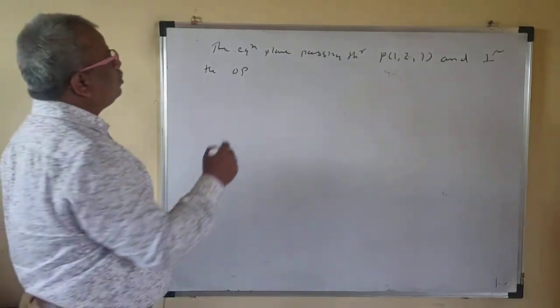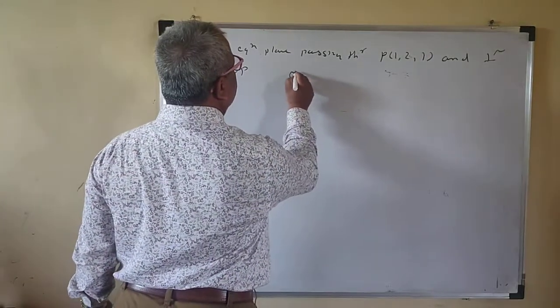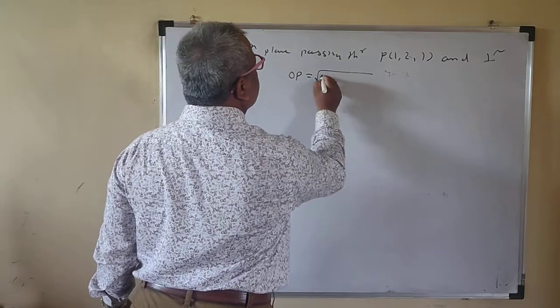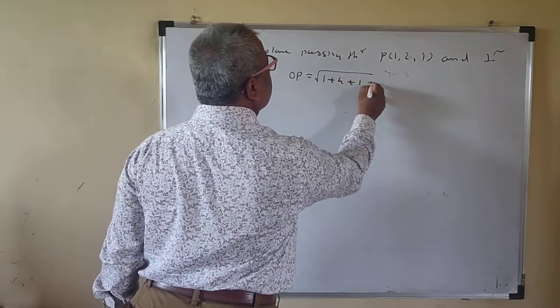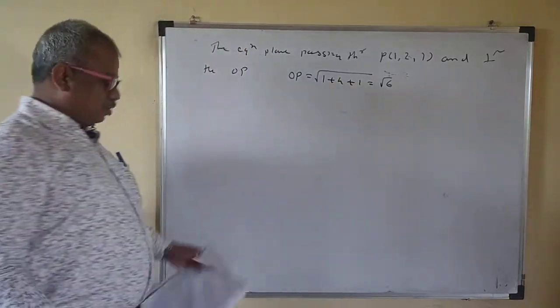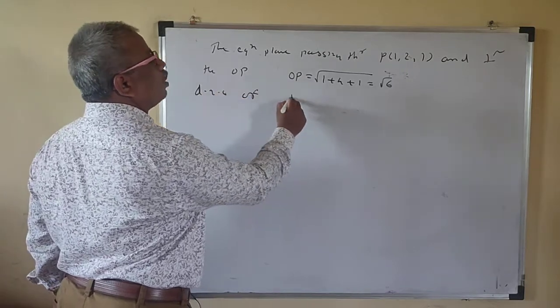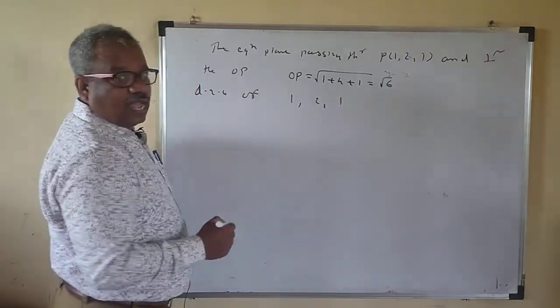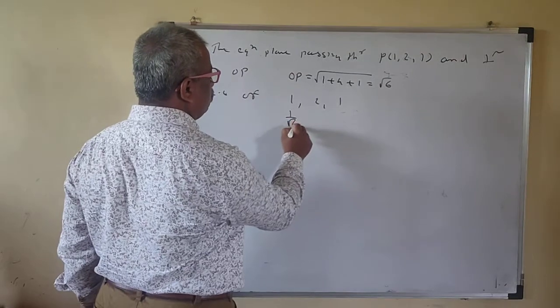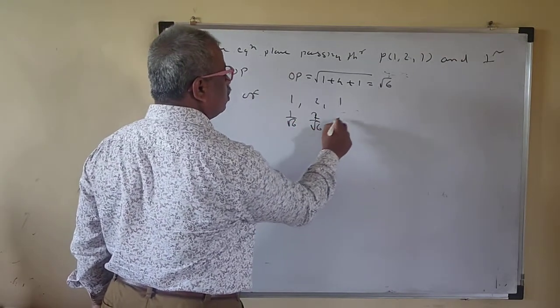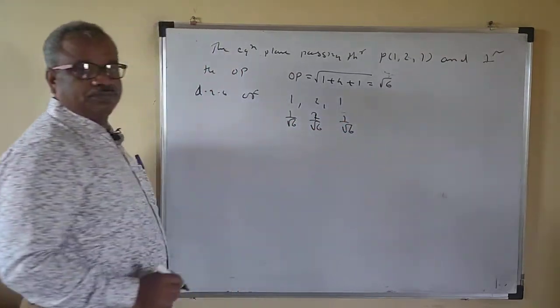Now see, the distance OP is the square root of 1 + 4 + 1, which is root 6. The DRs of OP are 1, 2, 1, and the DCs of OP are 1/root 6, 2/root 6, 1/root 6.